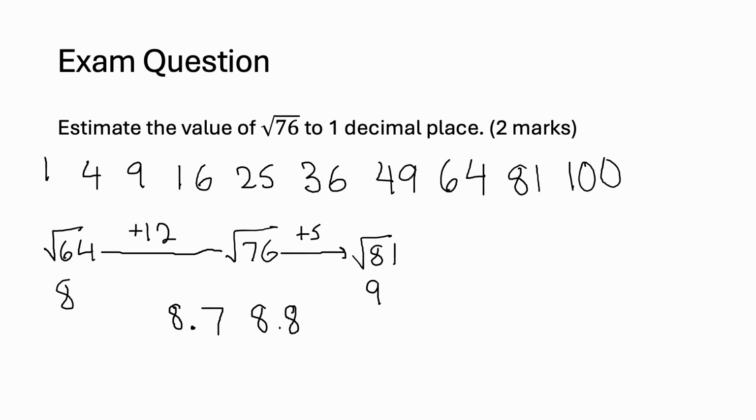So essentially it's just estimating, just figuring out, okay, which of the square numbers is it closer to, and then from there we provide a sensible and appropriate estimate for this. So if you said 8.7 or 8.8, that would be correct.